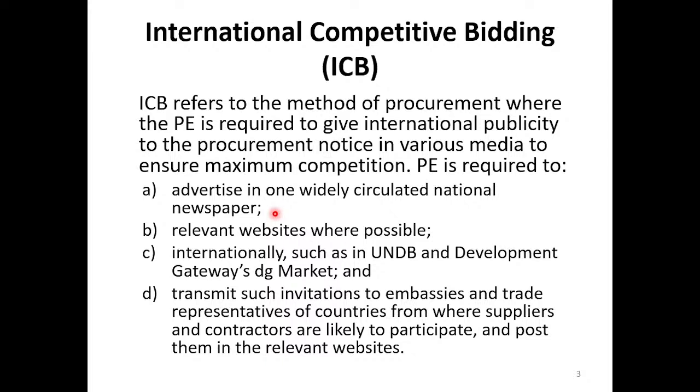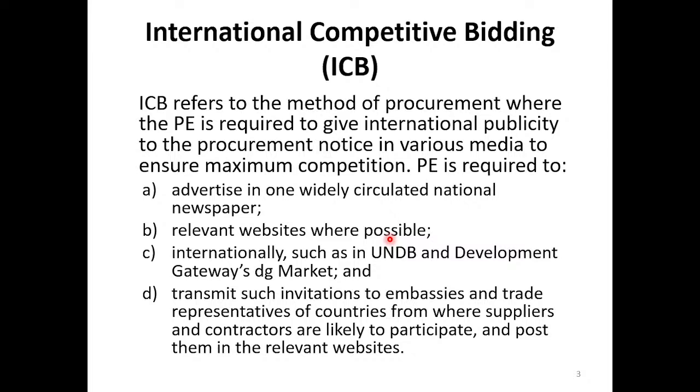The international suppliers and interested parties will monitor the national newspapers, get informed, and can apply for contracting. So first, advertise in one widely circulated national newspaper, and a relevant website where possible.